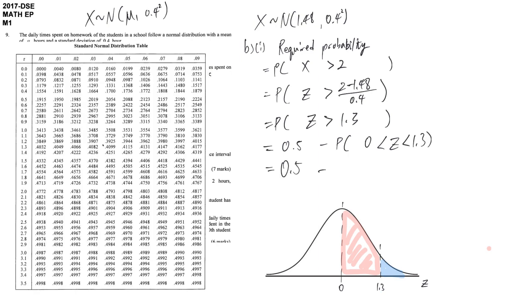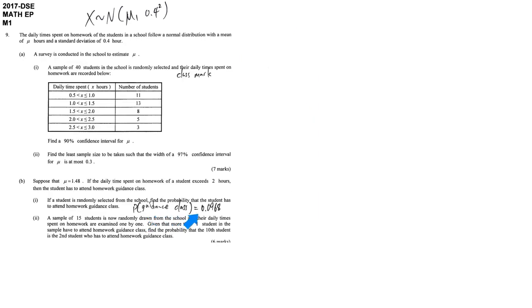When the standard score is 1.3, the area is 0.4032, which means the table tells you this area is 0.4032. Then we find our target probability is 0.0968. So we have the answer for this part now.